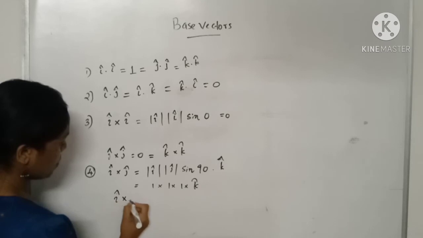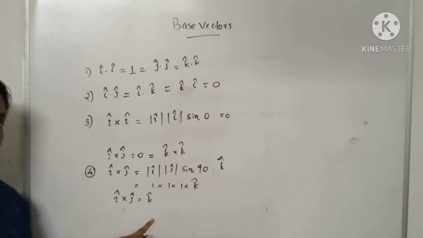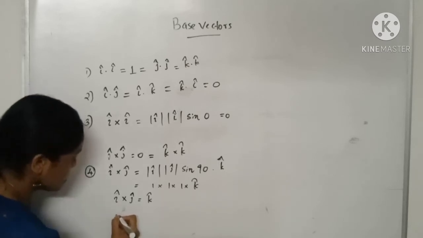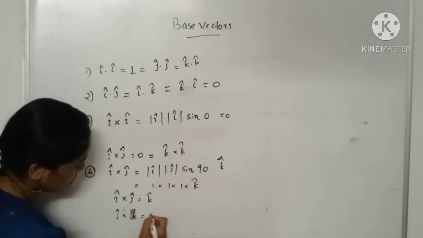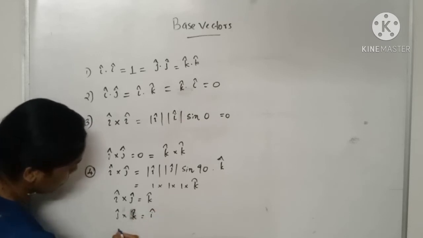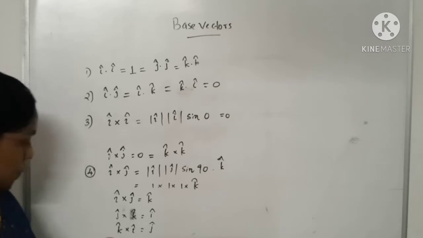Therefore, i cap cross j cap is equal to k cap. From this equation, we can write the other two equations like this: j cross k is equal to i cap and k cross i is equal to j cap.